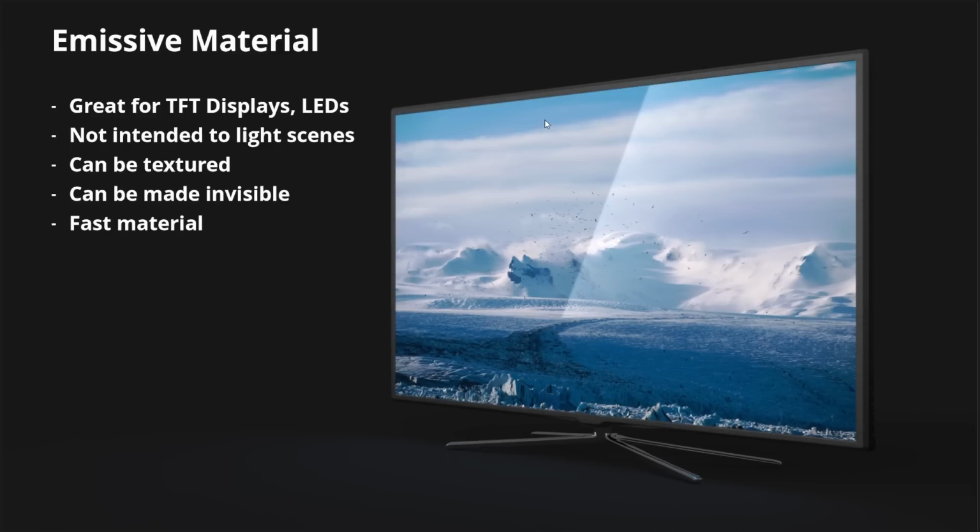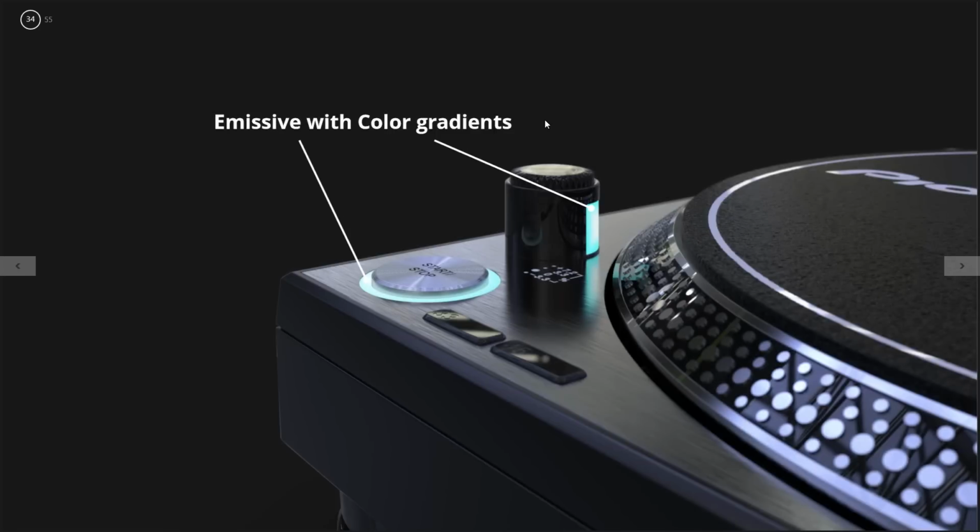And those of you who complain about the little white hotspots, or it's not a complaint, it's a legit concern. But if you've got little white hotspots, don't use the emissive material. It is great for certain things because it can be textured and it's really fast. And there's some cool hacks that we can do with the emissive material, but don't think of the emissive material as one of our advanced light types. It's not going to give you the same quality that the area light, point light, or IES profiles would. But yeah, so that's why I don't include the emissive material in our breakdown there.